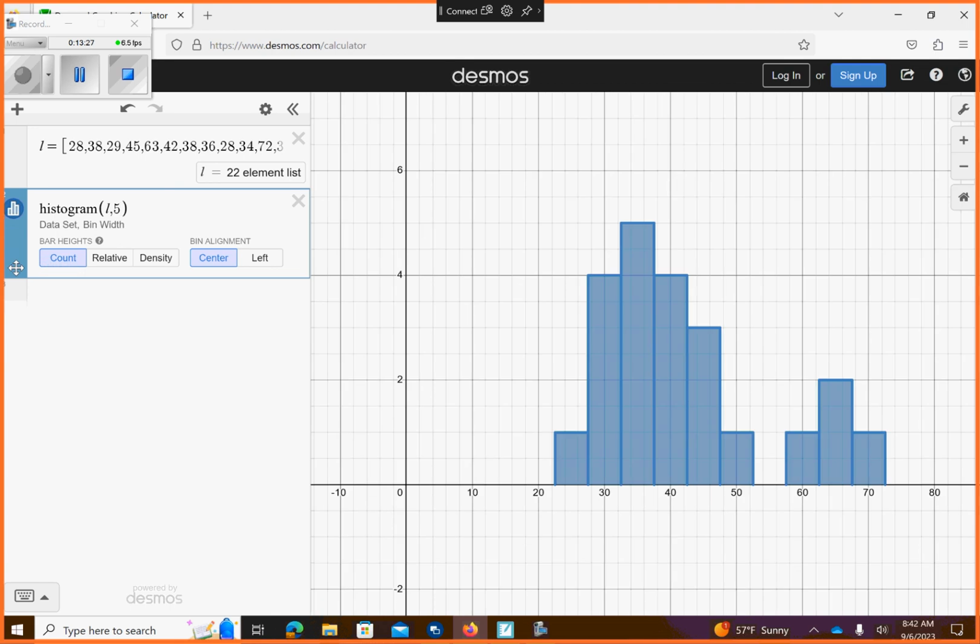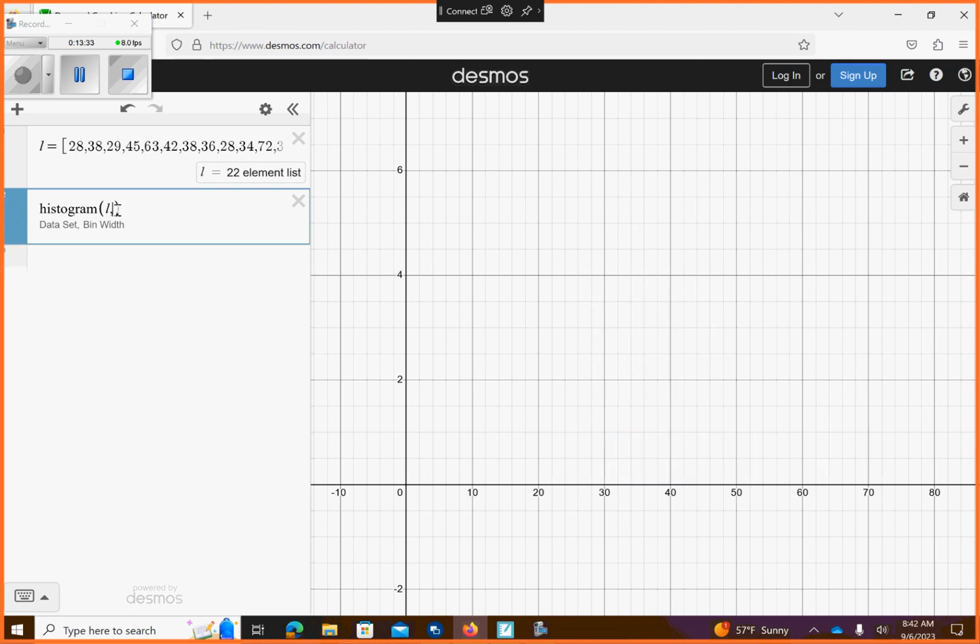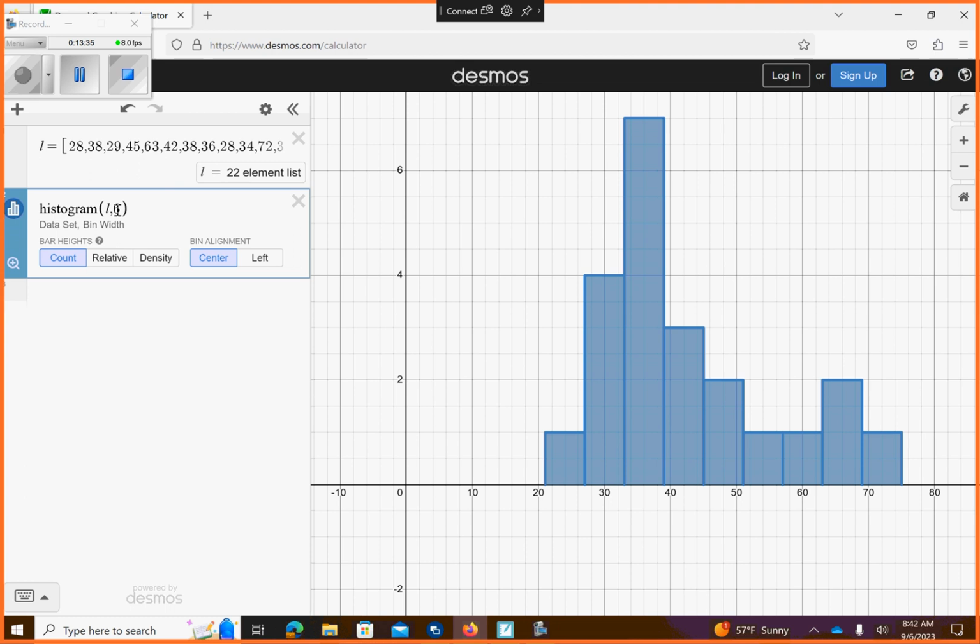So I think a histogram looks pretty good. We could change the widths to see if we get, hey, that actually looks pretty good. 1, 2, 3, 4, 5, 6, 7, 8, 9. There's 9 bars there. I made it 6 wide.